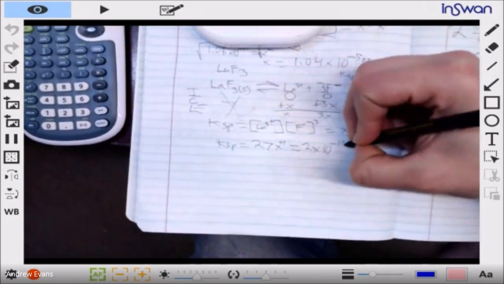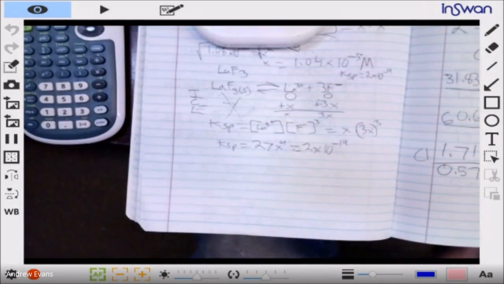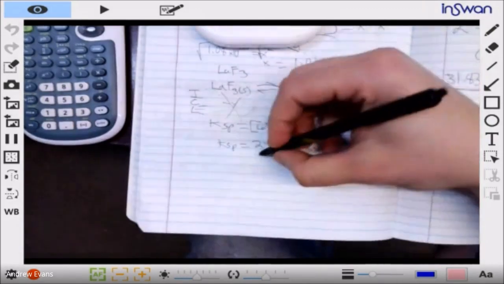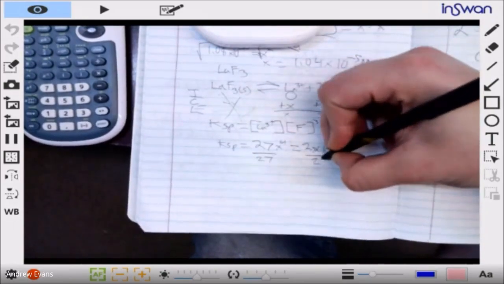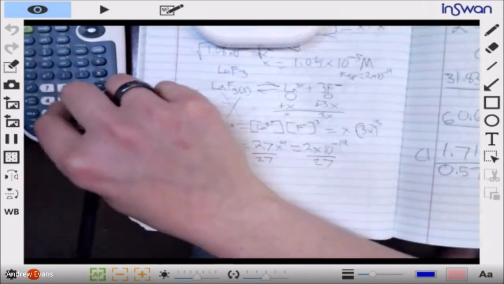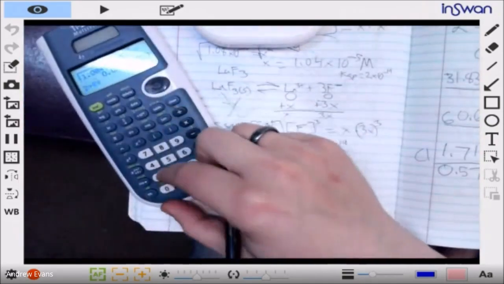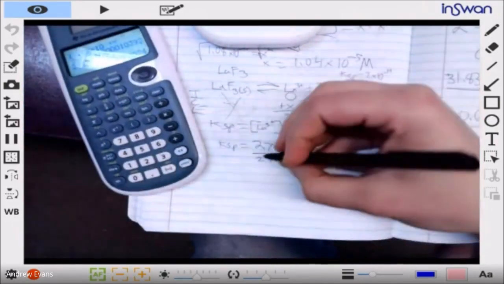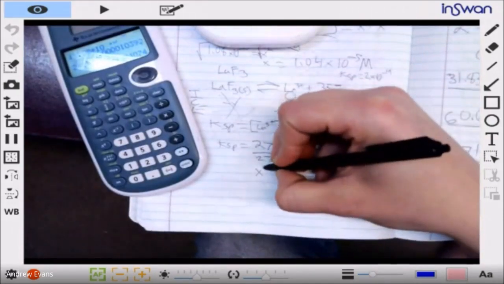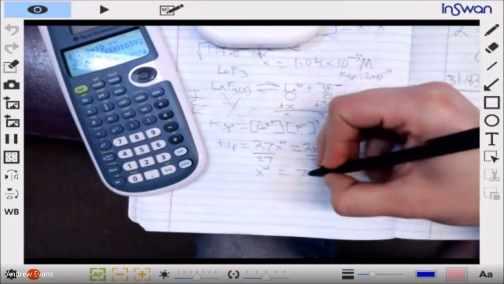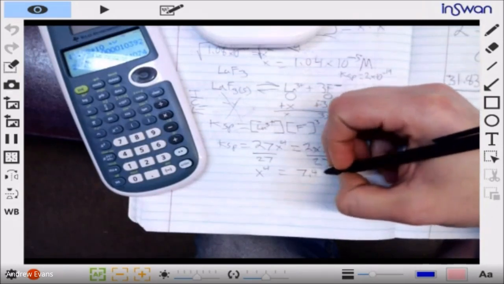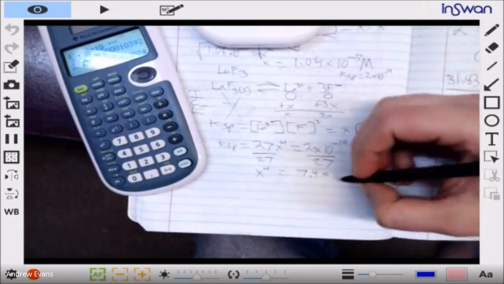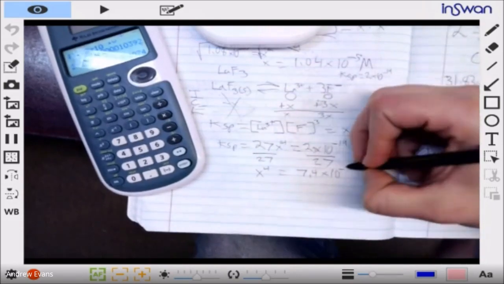Okay. So the first step is divide both sides by 27. Pretty straightforward. You divide both sides by 27 to separate the X. You have X to the 4th equals, we'll say 7.4 times 10 to the negative 21st.